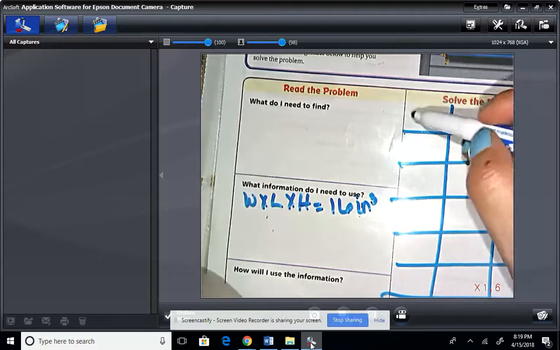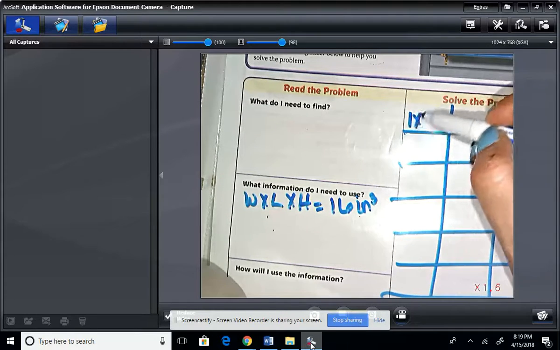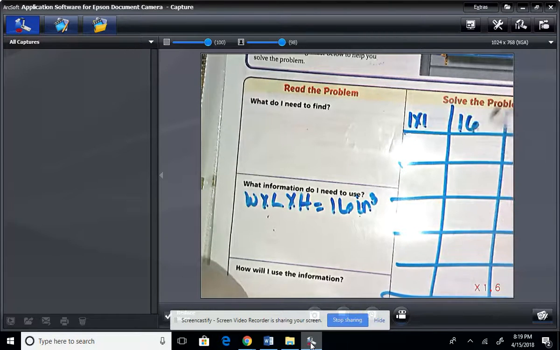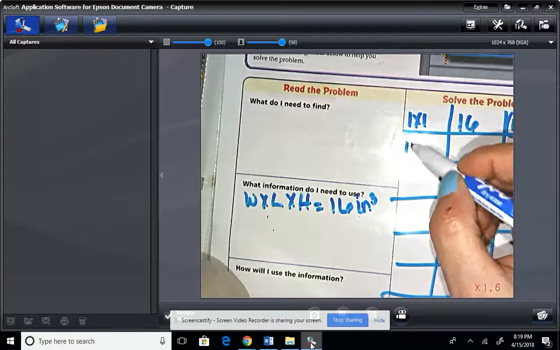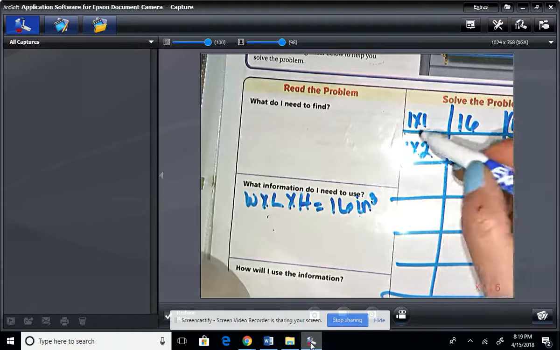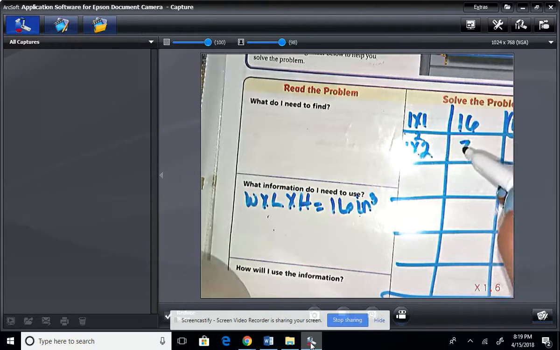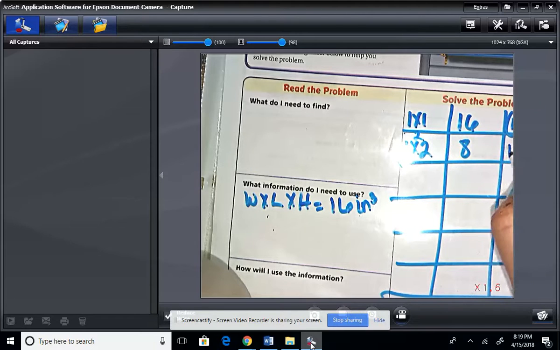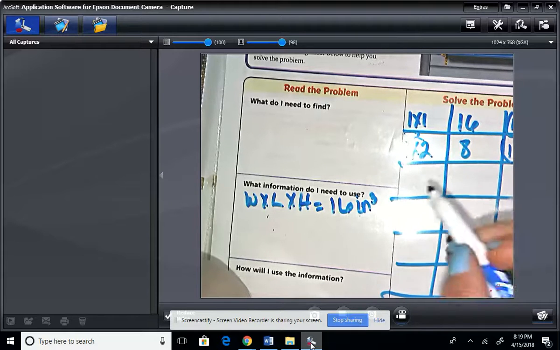So the easy one to start is 1 times 1 times 16. Okay, 1 times 2 equals 2. 2 times 8 equals 16. So 1 times 2 times 8 equals 16.